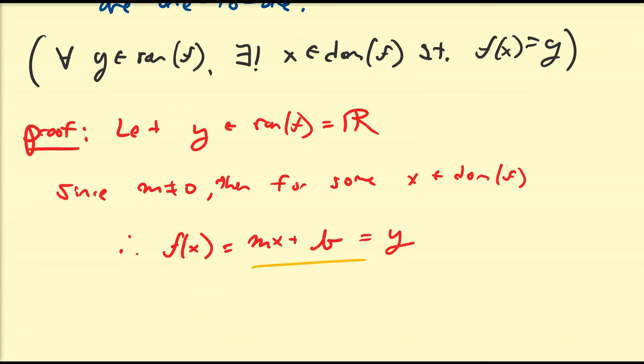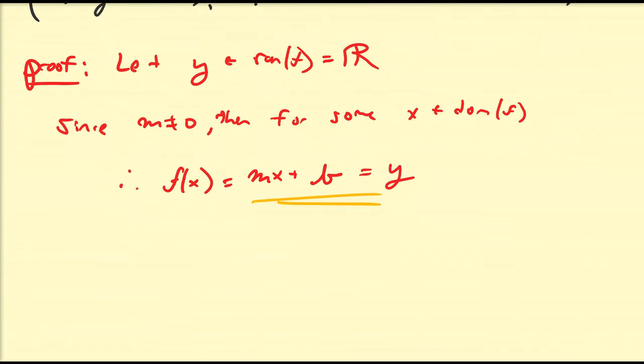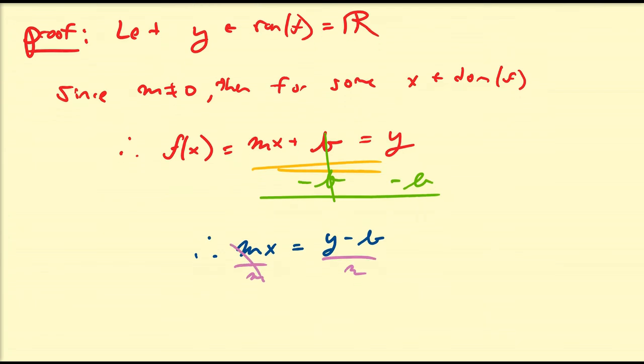So what x value makes this equation true? We can show that it is a unique number that corresponds to this function. I'm going to begin by subtracting b from both sides of this equation. So I have that mx must be equal to y minus b. Then I can divide both sides by m, since m is non-zero.